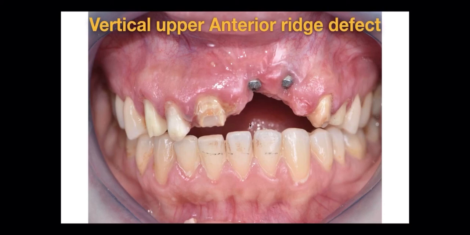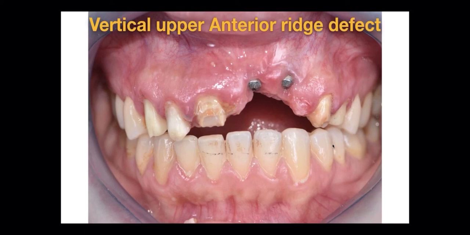Imagine having an upper left central incisor 6 or 7 millimeters higher than number 11, the upper right central incisor. Even the lateral incisor on 22 was higher than 21. Imagine the aesthetics that we would obtain after placing the crowns in this situation.